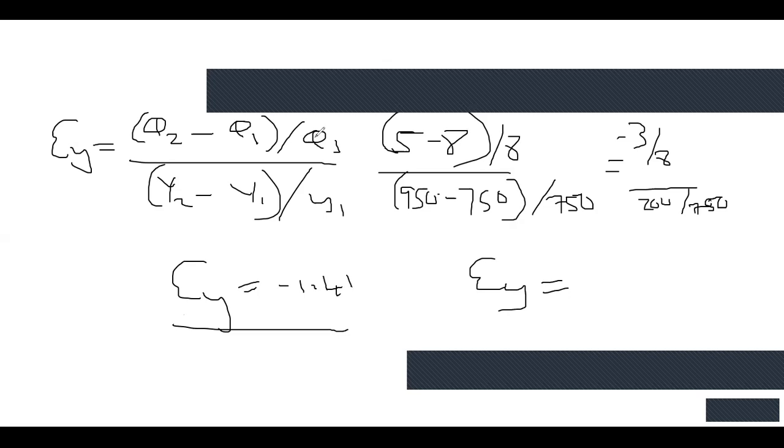Now, suppose we've been given demand functions. We have D for good, 220 minus 200p.